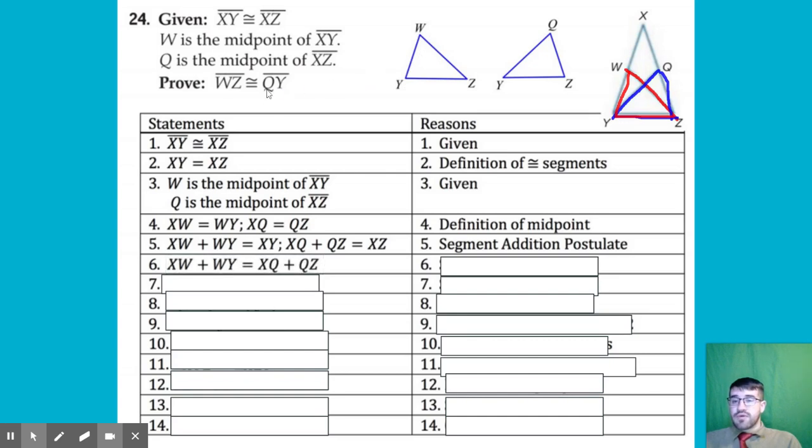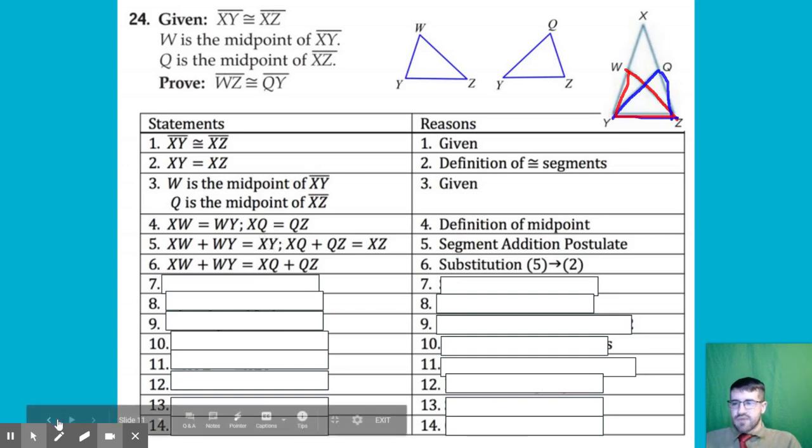Well, what we can do is set XW plus WY equal to XQ plus QZ by substitution, since XY equals XZ.